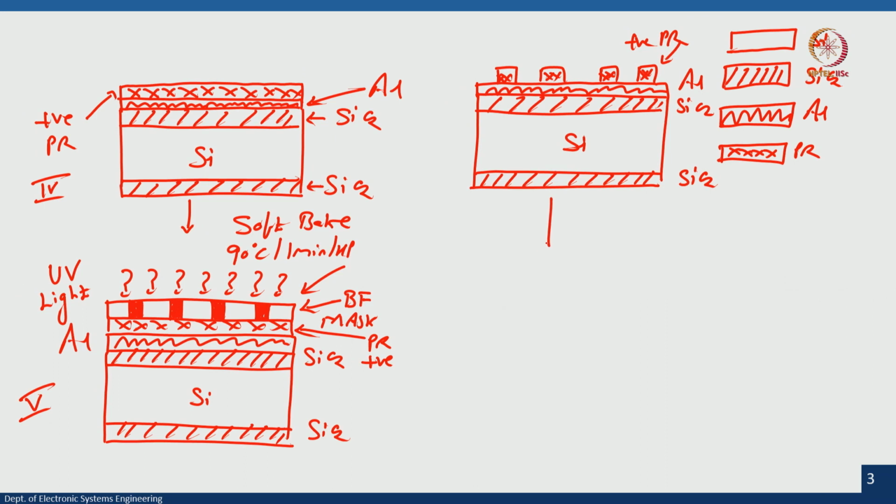The next step is hard bake. Hard bake 120, 1 minute, hot plate, and after hard bake you dip the wafer in aluminum etchant.